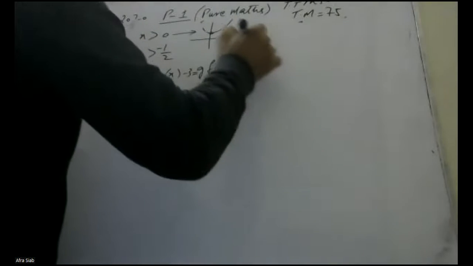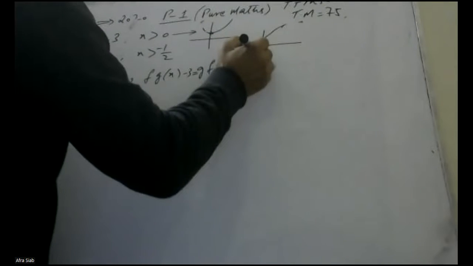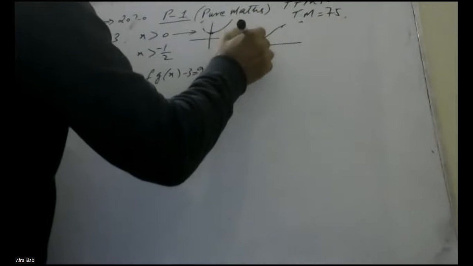So this is the graph of this, and for this the graph is like this, and they are stating it should be greater than minus half, so this part would be eliminated there. These are the general graphs of these two functions there. Now we have to get FG.